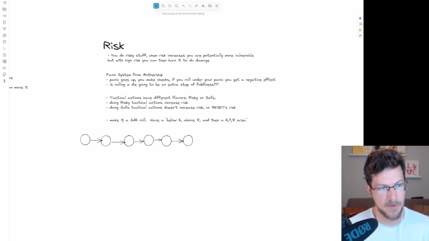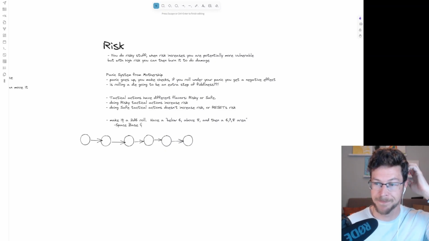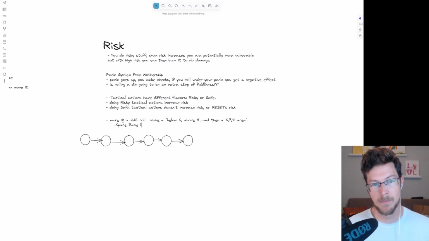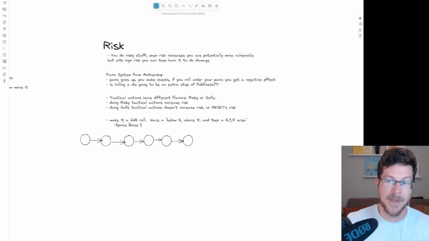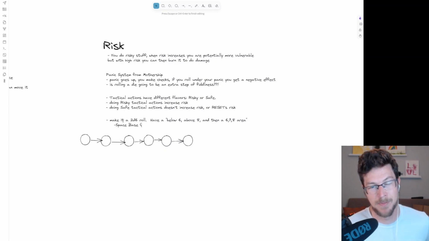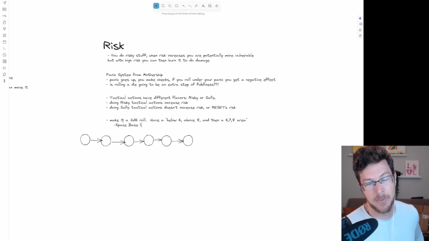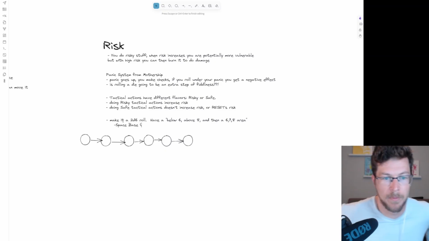And this is kind of playing on the idea of Space Base. If you've never played the board game Space Base, it's all about building your own base of space stations, and it's numbers between 2 and 12, and you're setting different things at different areas on that, banking on the fact that people are going to be rolling certain numbers below or above 7.